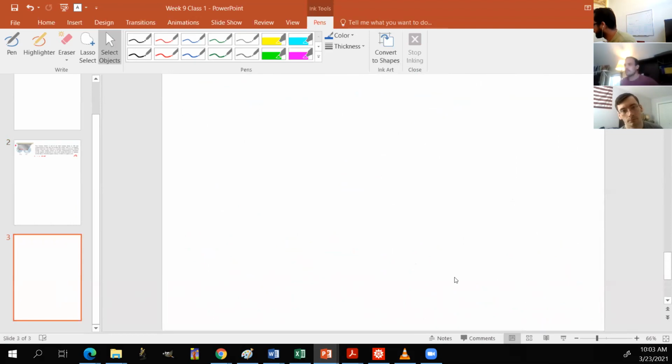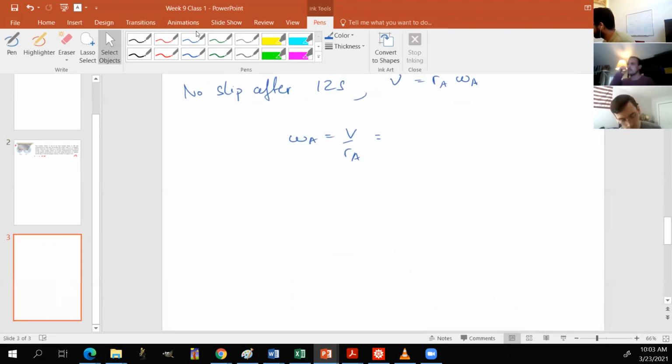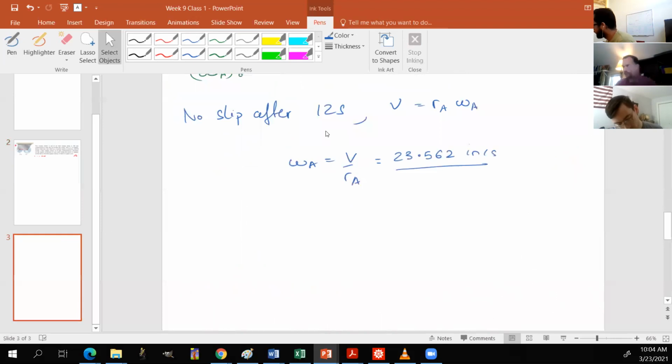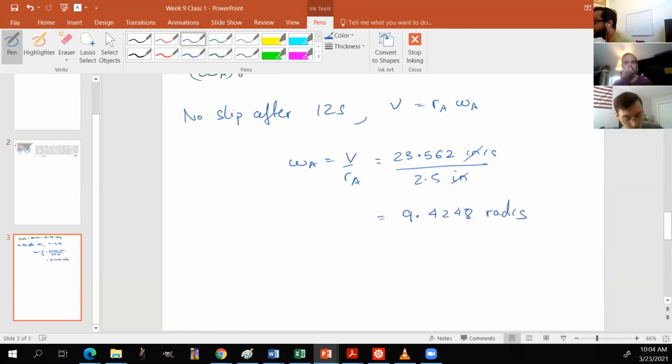So plug and chug. 23.562 inches per second divided by RA, which is 2.5 inches, right? 2.5 inches, units cancel out. So you're left with radians per second, right? So you get 9.4248 radians per second. And is this clockwise or counterclockwise?